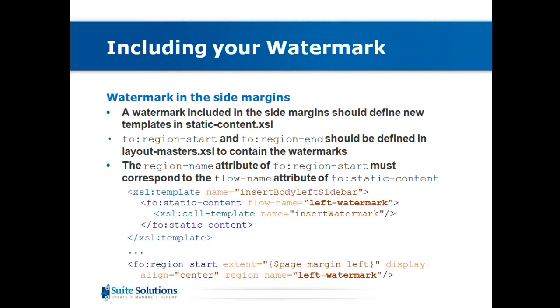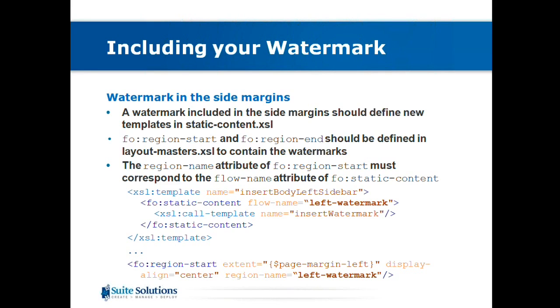Moving back to the next bullet, the region name attribute of FO region start must correspond to the flow name attribute of FO static content. So anytime you're including something in static content, you're wrapping it in the template in this FO static content.